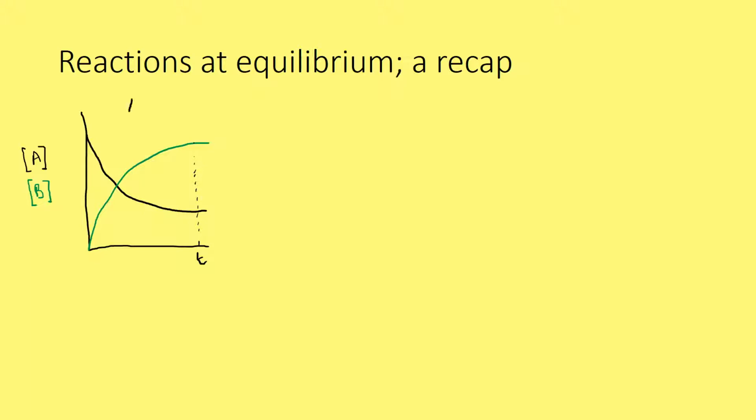So just for the avoidance of doubt, we've got an equilibrium situation like this where A is the reactant and B is the product. And when their concentrations have stopped changing, that's when we're at equilibrium. We could also draw a similar equilibrium, also concentration against time.